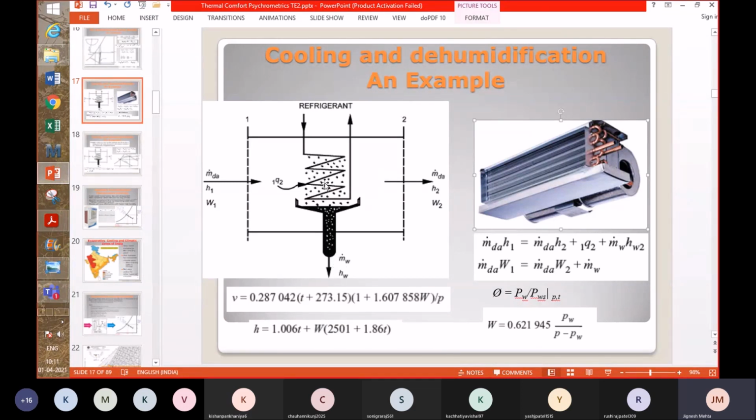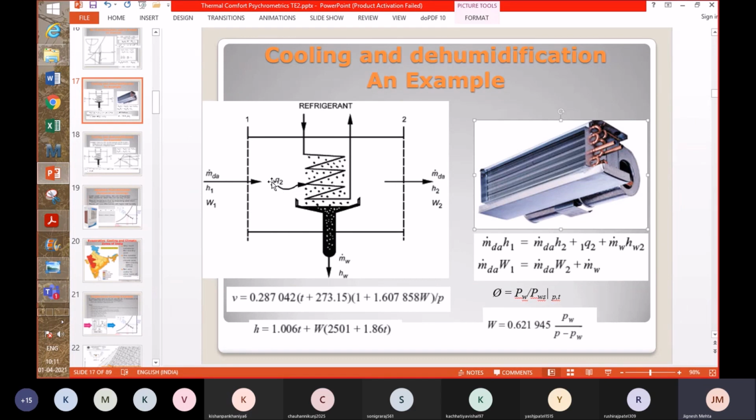Because you are condensing the water vapor, it takes liquid form and comes out of the system. So the mass of water is also crossing the boundary of the system, and along with that this water has some enthalpy also.